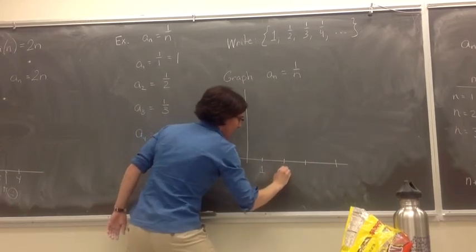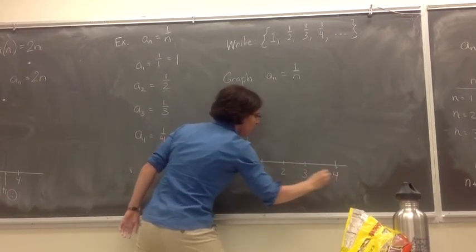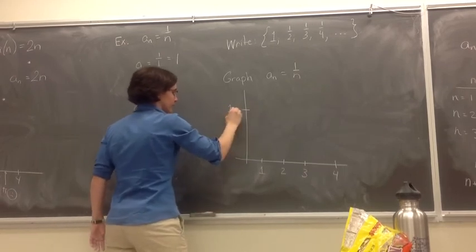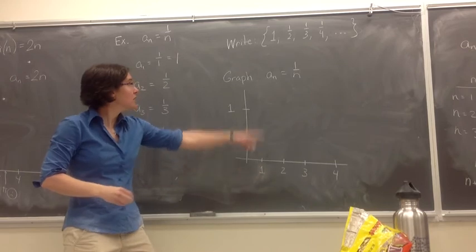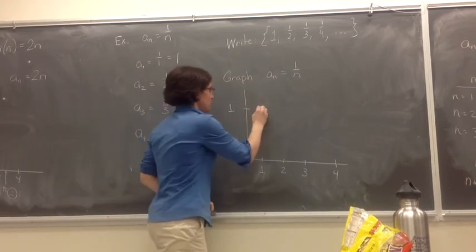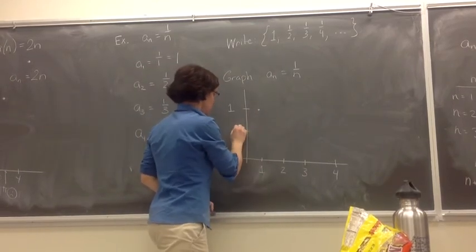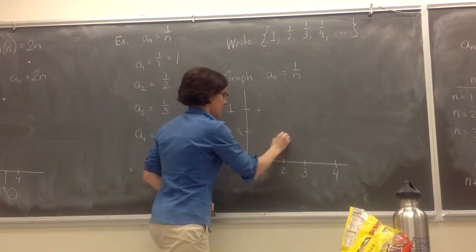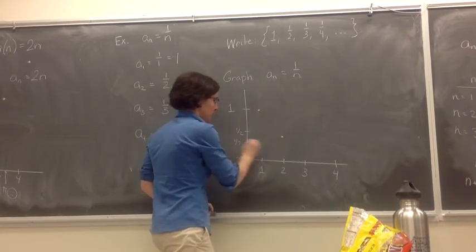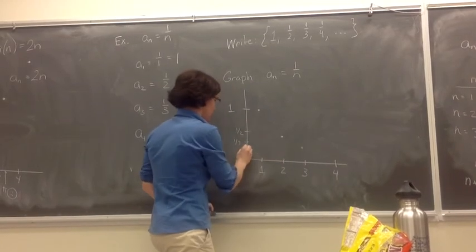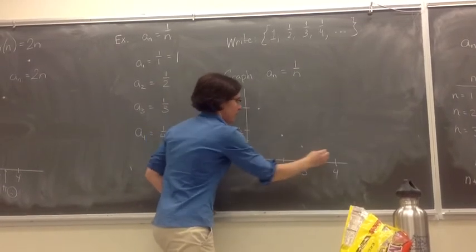So I'll graph for n values 1, 2, 3, and 4. So when n is equal to 1, our output value is a 1. When n equals 2, our output value is a 1/2. When n equals 3, our output value is a 1/3. When n equals 4, our output value is a 1/4.